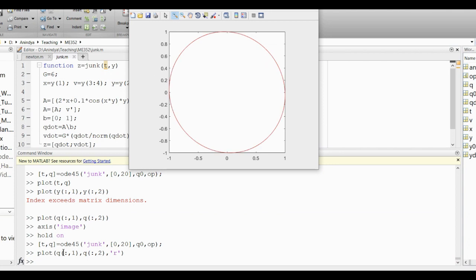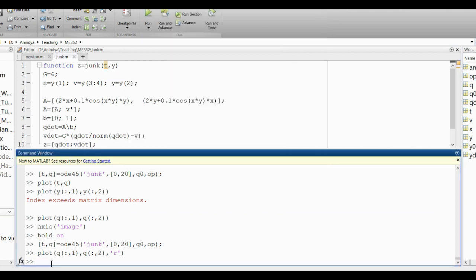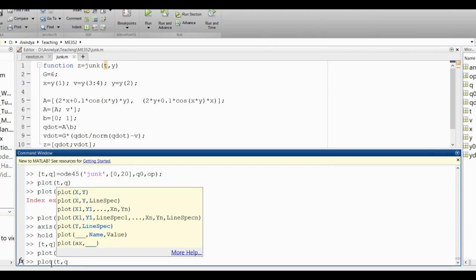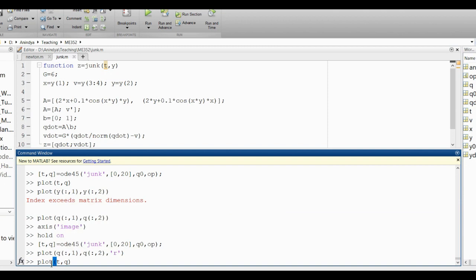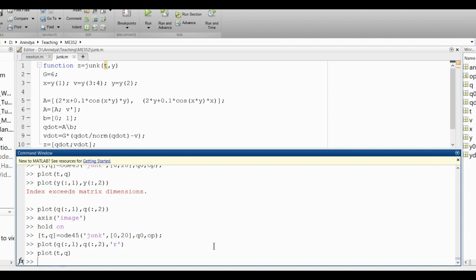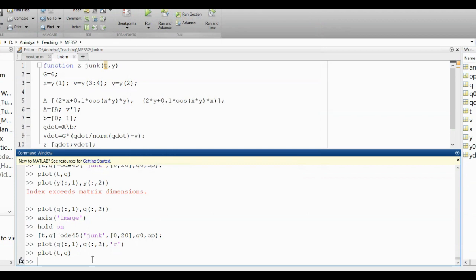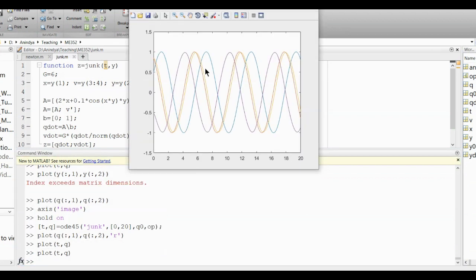Okay, it is the v that is different. So if I plot t against q, axis equal is a problem because of hold on. Let me see, there are actually several curves in here.